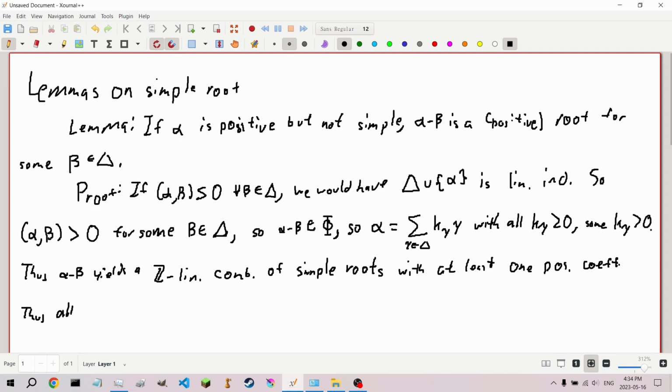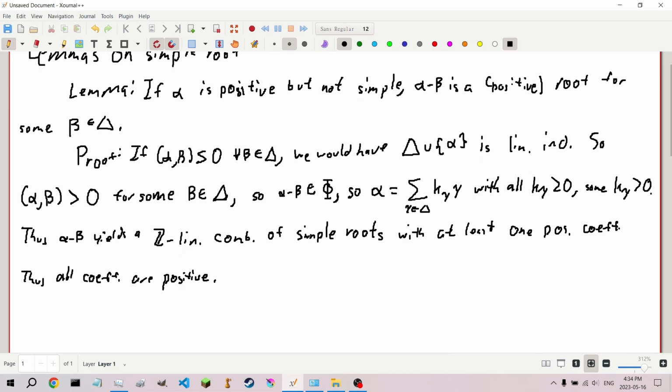Thus all coefficients are positive, by uniqueness. This comes with a corollary.